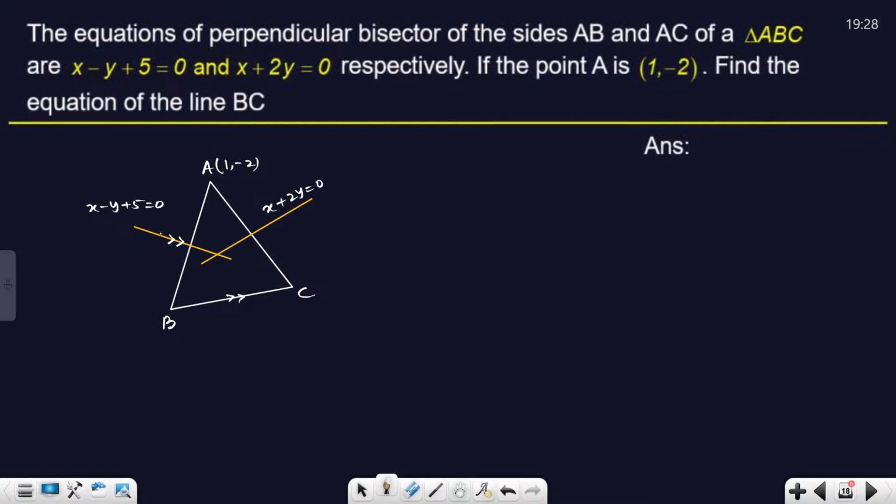See, as this is a perpendicular bisector of the line joining the points A and B, obviously point B will be the image of point A with respect to the line mirror x minus y plus 5 equals 0. Tell me whether you have understood this thing or not.